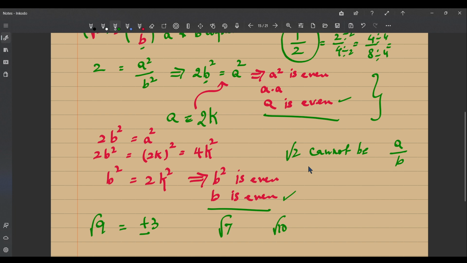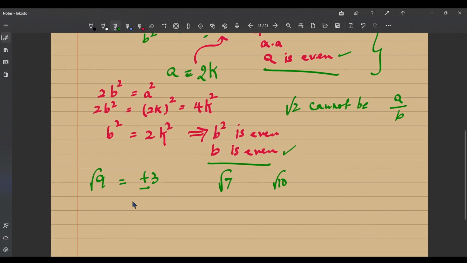But these numbers, because they are not rational, were called irrational numbers. The numbers which could not be expressed as a by b were called irrational numbers. And firstly, the square roots of all the non-perfect squares were found to be irrational. But there are some more numbers which were irrational.